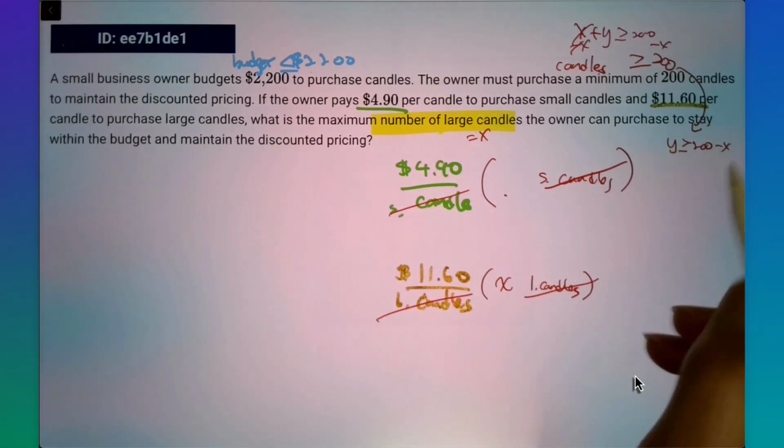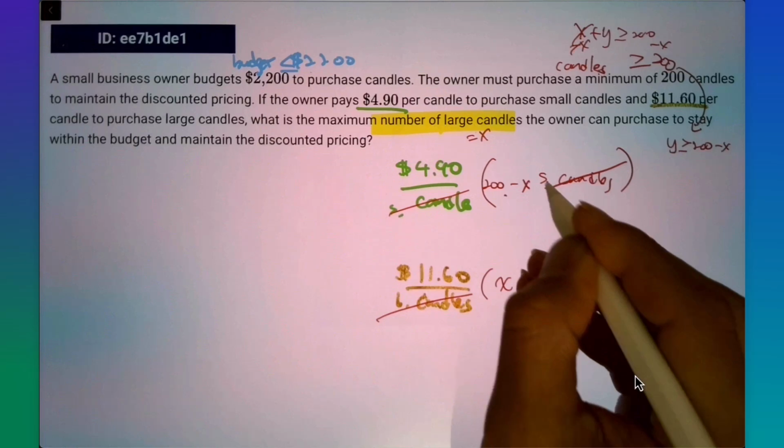So you'll put 200 minus X where the small candle is.